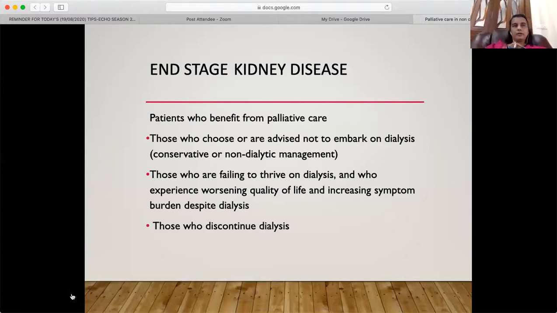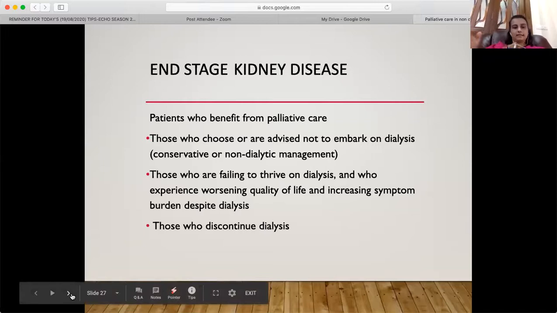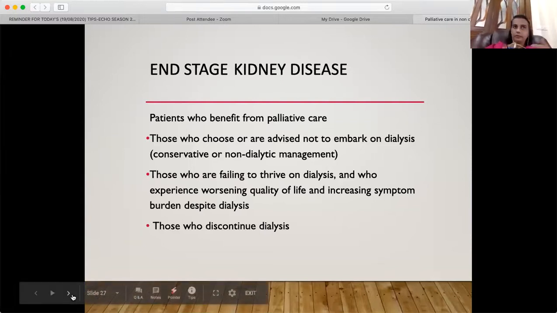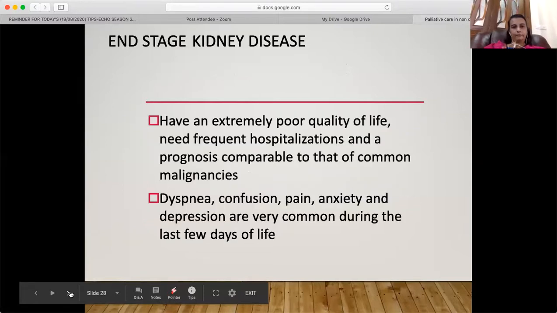But unfortunately, one of the studies done in UK has shown that if they're on long-term dialysis for more than 1 or 2 years, once you discontinue dialysis, the average lifespan is actually less than 10 days. Though there are patients who have survived more, they do become symptomatic quite quickly because they're dependent on dialysis so much that they could die pretty quickly. And so they can reach end-of-life care at that point. So these are the patients who can benefit from the palliative care environment.